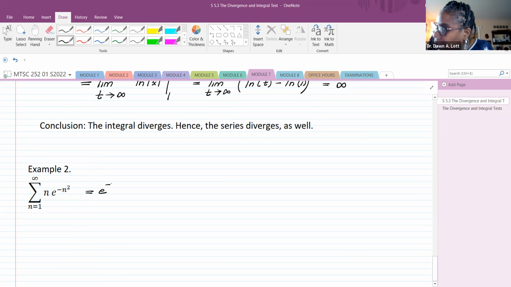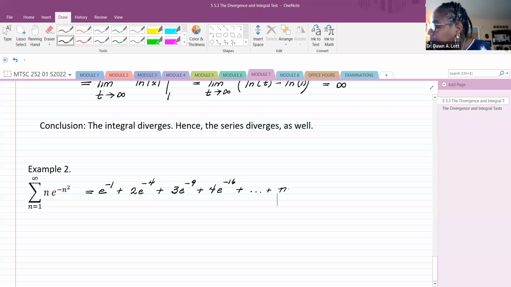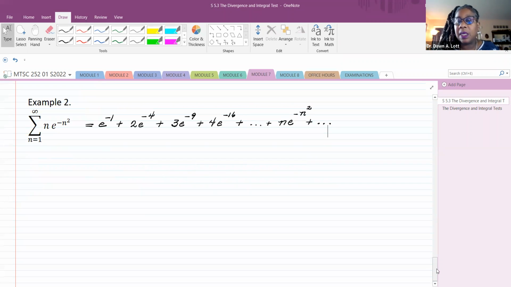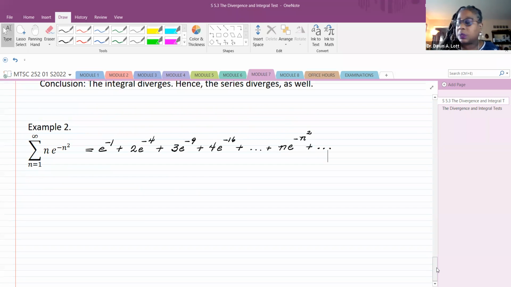It's e to the negative 1 plus 2e to the negative 4 plus 3e to the negative 9 plus 4e to the negative 16 plus ... plus n e to the negative n squared plus ... Now the question is, can I sum up the entire series?